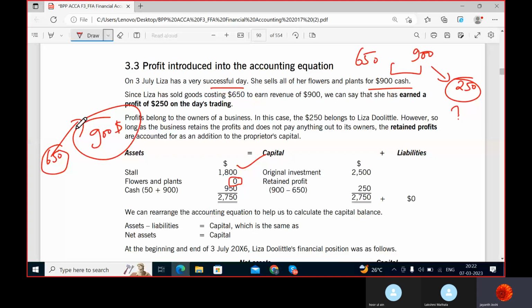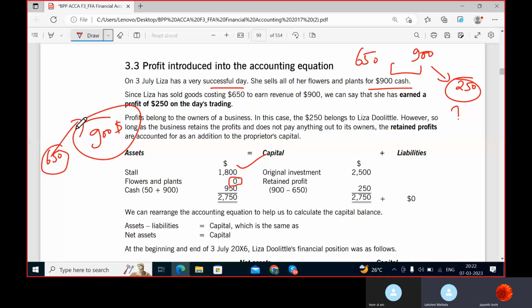So we will be making a profit. So you will be getting extra cash of 250. Isn't it so? Yes. 650 worth of flowers and plants has been sold for 900, so you are getting cash of 900, and 250 extra cash you are getting.